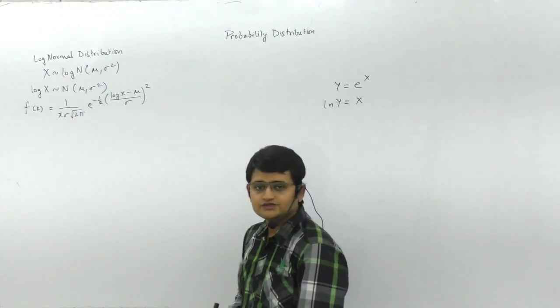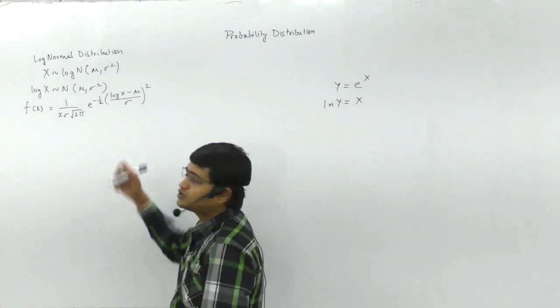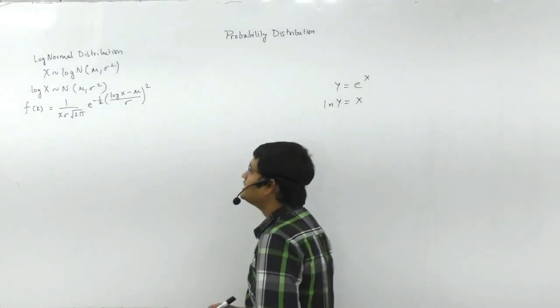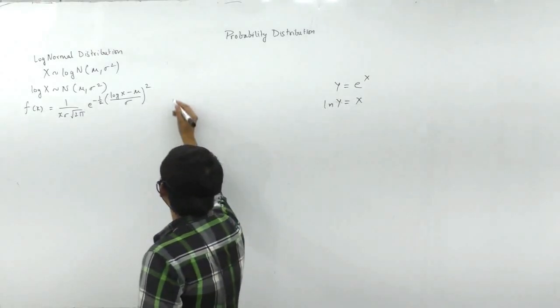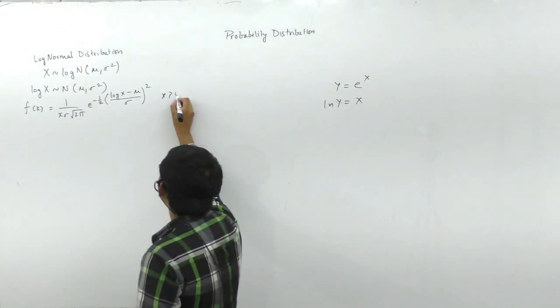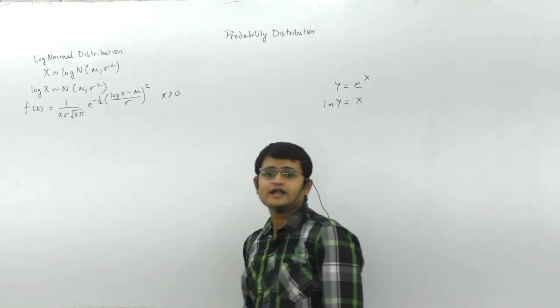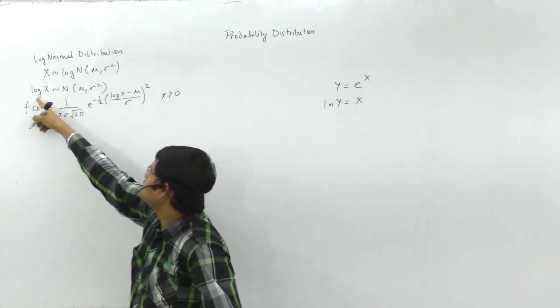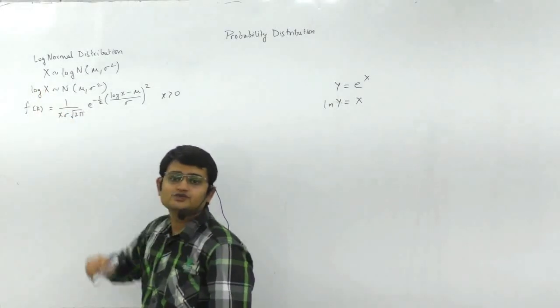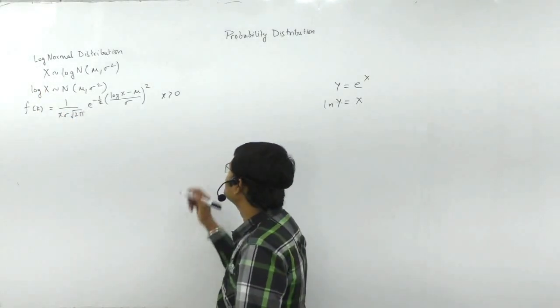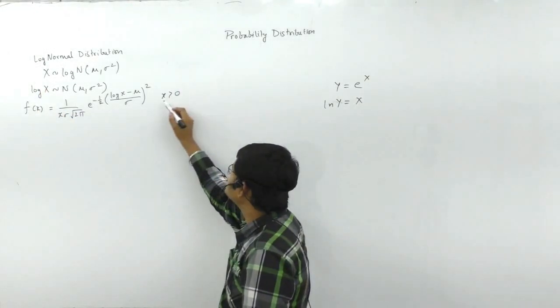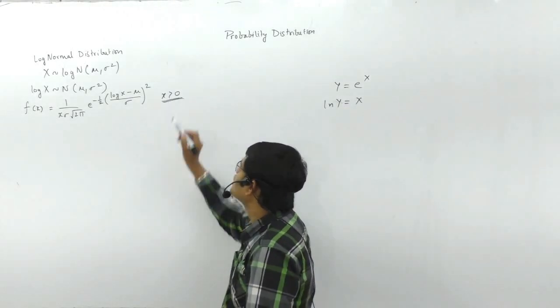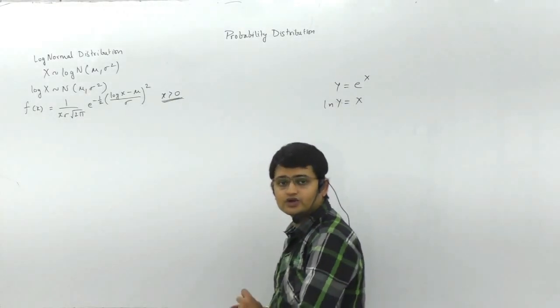So f(x) looks very similar to normal distribution, but it's not. And here we have x greater than 0. So the values that x can take is only from 0 to infinity, as values inside log have to be always positive. So therefore the values that a variable in log normal distribution can take is going to be 0 to infinity.